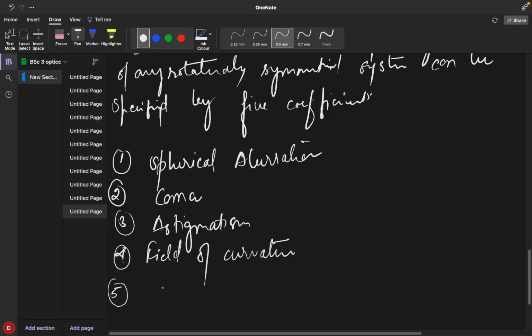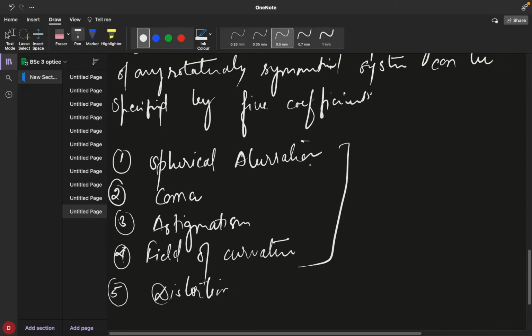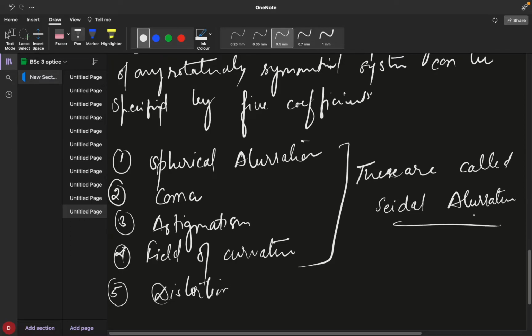And fifth is distortion. These are five coefficients that describe any primary aberration. Collectively they are called Seidel aberrations.